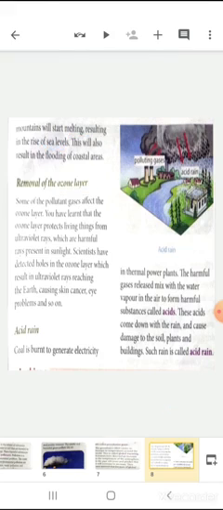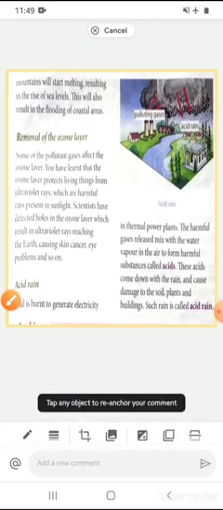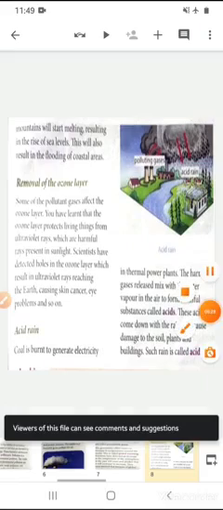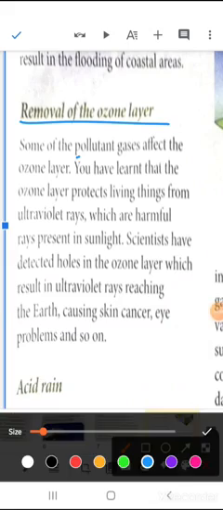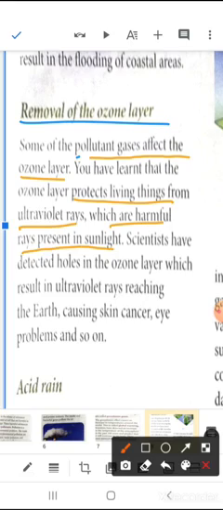Some pollutant gases affect the ozone layer. You have already learned that the ozone layer protects living things from the ultraviolet rays, UV rays, which are harmful rays present in sunlight. Scientists have detected holes in the ozone layer which result in UV rays reaching the earth and causing skin cancer, eye problems, and so on.